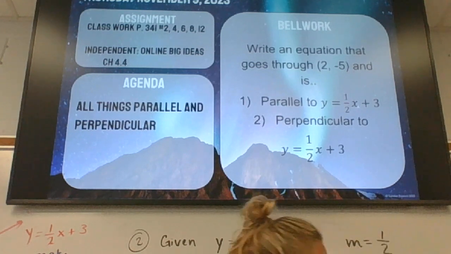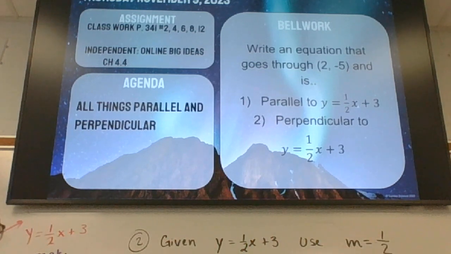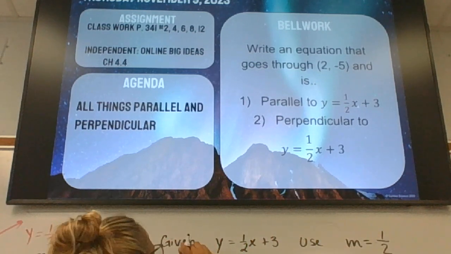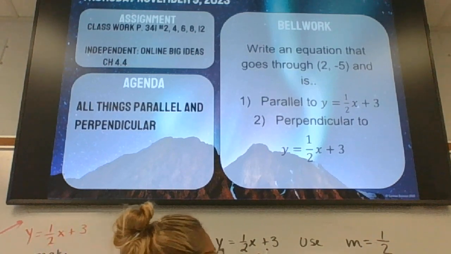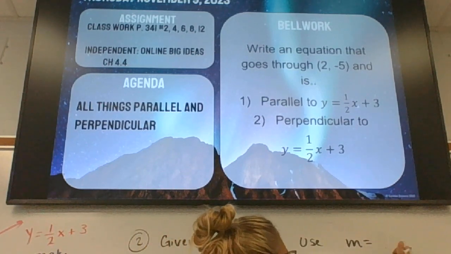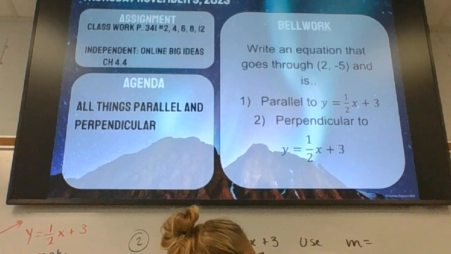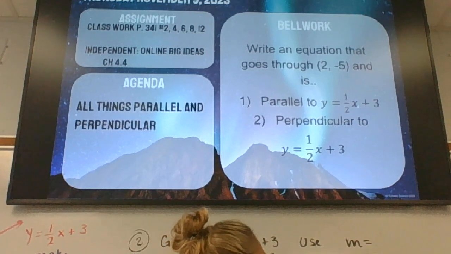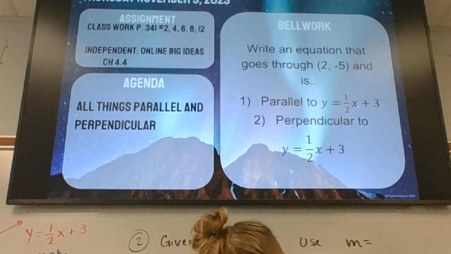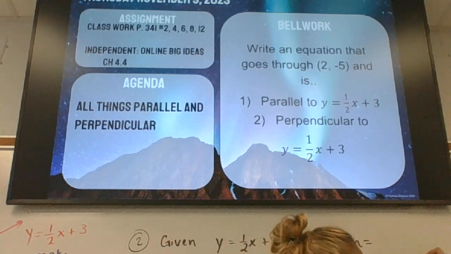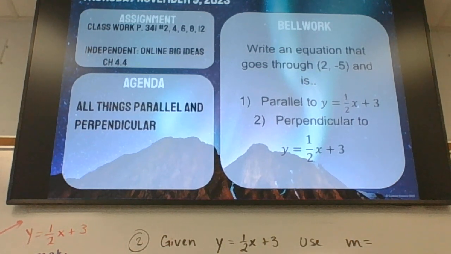All right, very similar steps, almost an identical setup, but given 1/2 x plus 3, we're going to use... what would be the perpendicular slope? It would be negative what? What's the perpendicular slope?